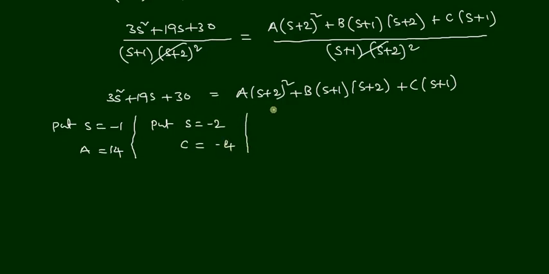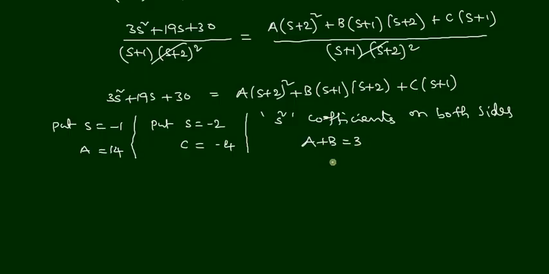Similarly, if we compare the s² coefficients on both sides, we'll get A plus B equal to 3. Then we need the B value, so B is equal to minus 11.